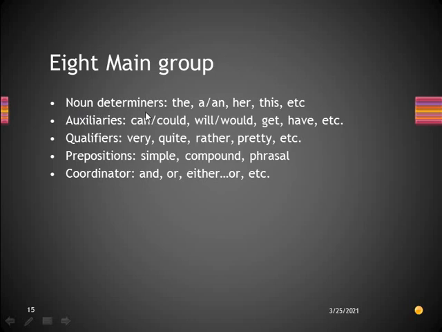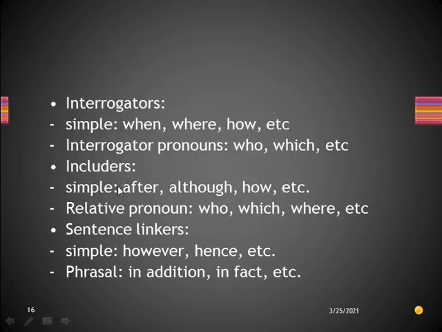First, noun determiners, including articles and pronouns; auxiliaries; qualifiers; prepositions; coordinators or conjunctions; interrogators or question words; includers, here subordinating conjunctions and relative pronouns; and sentence linkers, the transitional signals in sentences.